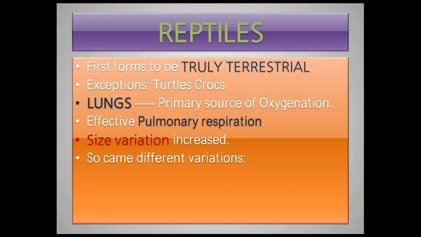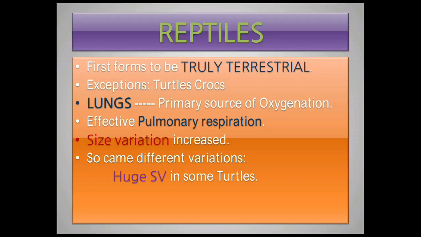The size of the heart is typically larger in reptiles as compared to the previous animals. You will see that the heart has various modifications as compared to the amphibians and the lower animals. There can be a huge sinus venosus in some of the turtles.